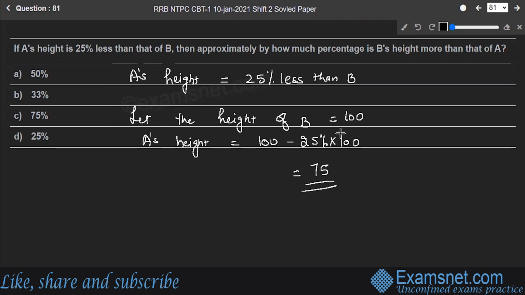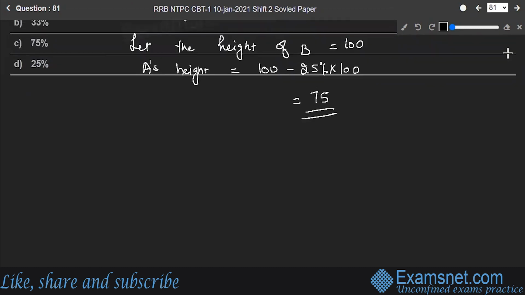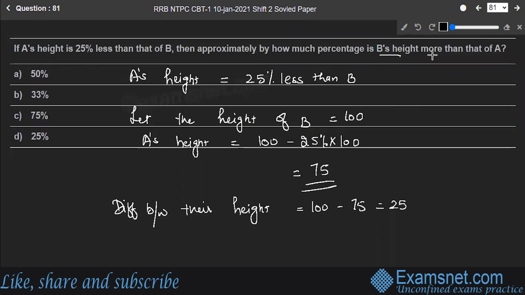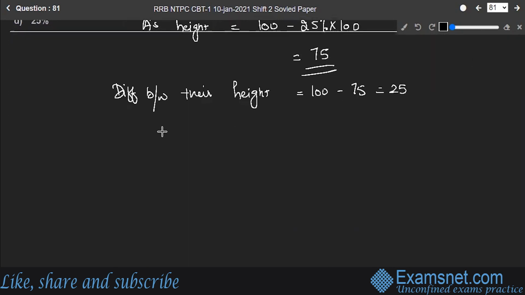Right, now the difference between their heights is 25. So what were you asked? How much percent B's height is more than that of A?